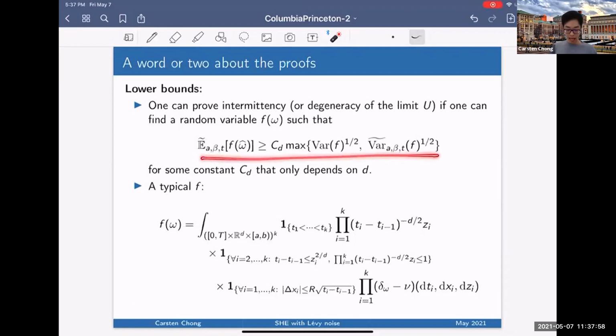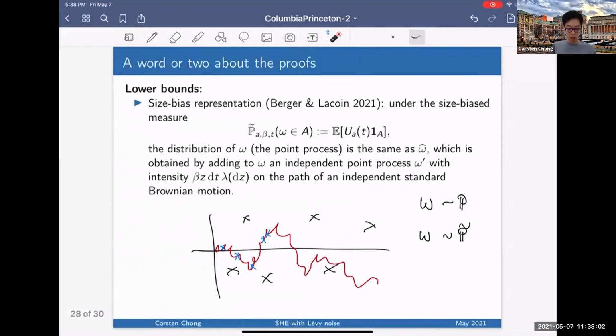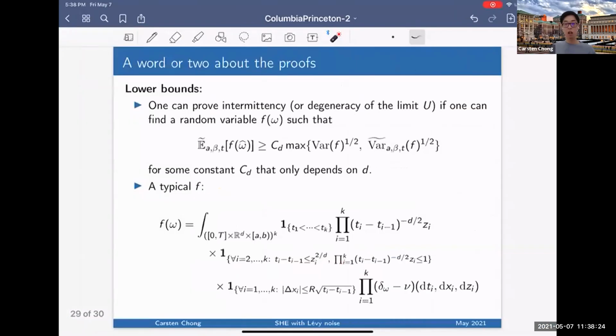If you're able to do that, basically what you can show is the original measure and this new measure become more and more singular as, say, time goes to infinity. And that will, using some arguments, in the end give you intermittency. Or if you do it on a finite time interval, degeneracy of the limit as a goes to 0. So that's the main idea behind this lower bound.